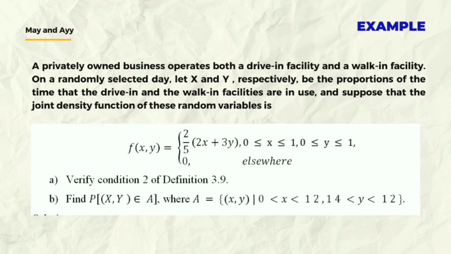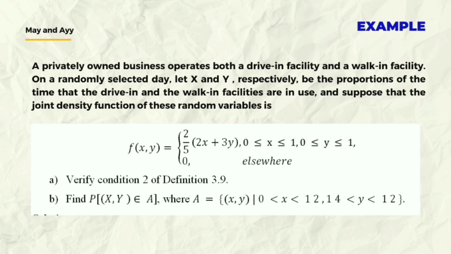Okay, let's discuss the question. A privately owned business operates both a drive-in facility and a walk-in facility. On a randomly selected day, let X and Y respectively be the proportion of the time that the drive-in and the walk-in facilities are in use. Suppose the joint density function of these random variables is like this.